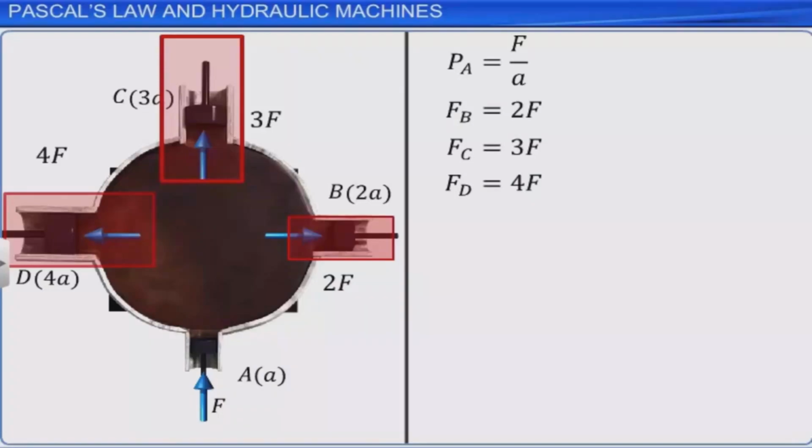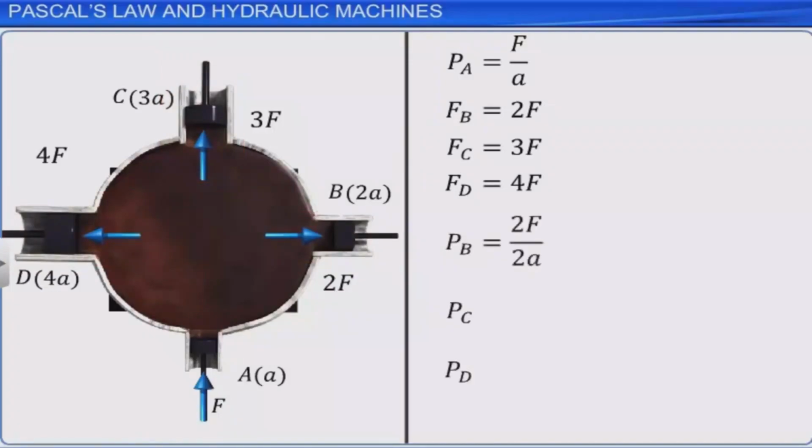Then the pressure acting at B, C and D is 2F by 2A, 3F by 3A and 4F by 4A respectively, where each is equal to F by A.